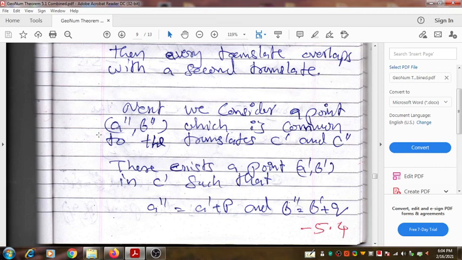Next we consider a point a double prime, b double prime, which is common to the translates C prime and C double prime.